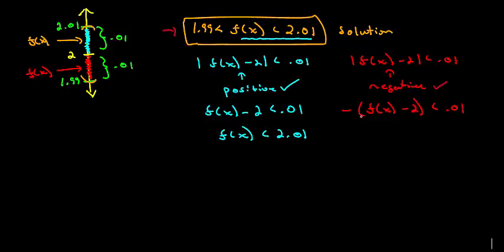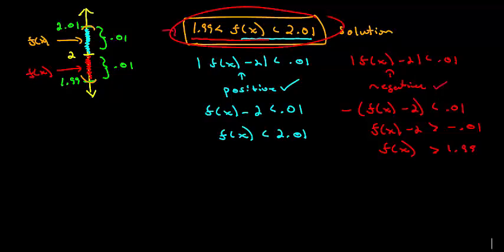If we solve the other one and multiply both sides by negative 1, we get f of x minus 2 is greater than negative 0.01. And if we add 2 to both sides again, we get f of x greater than 1.99. So this one says that the function values have to be greater than 1.99. That's this part right here. And if you put both of these together, you get this whole thing.